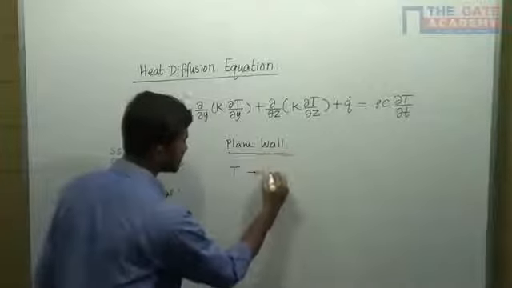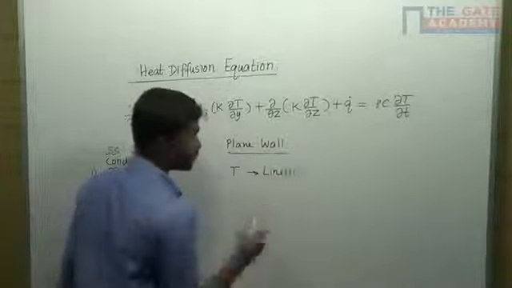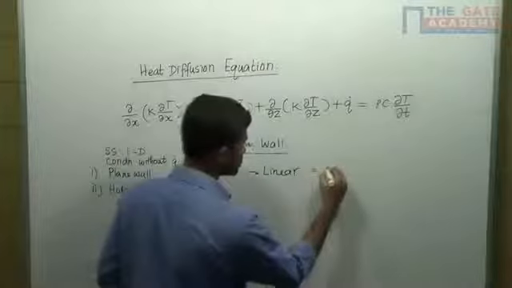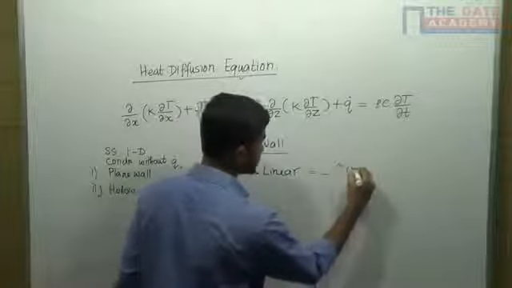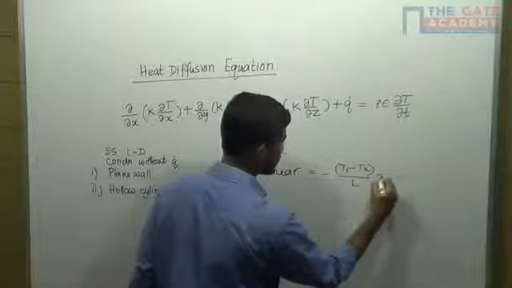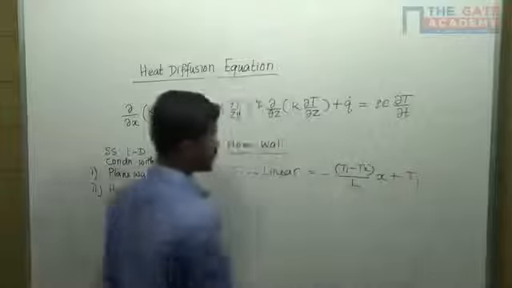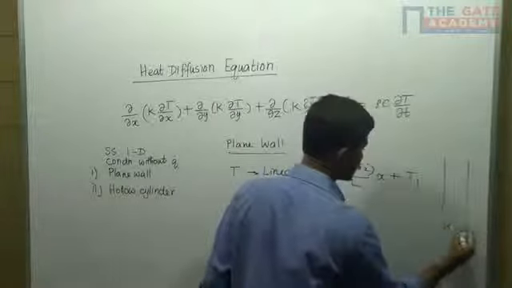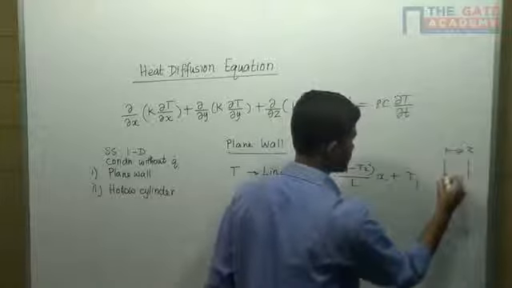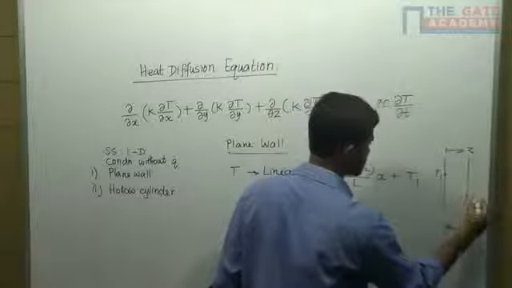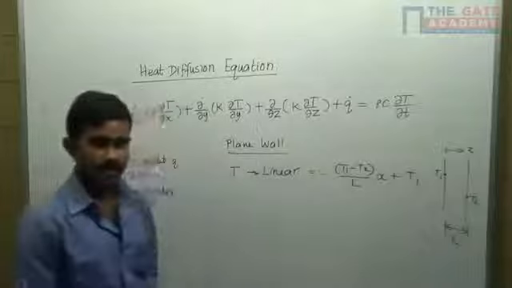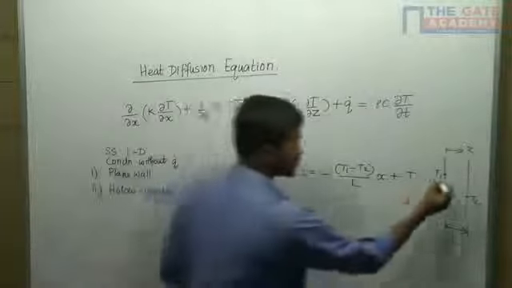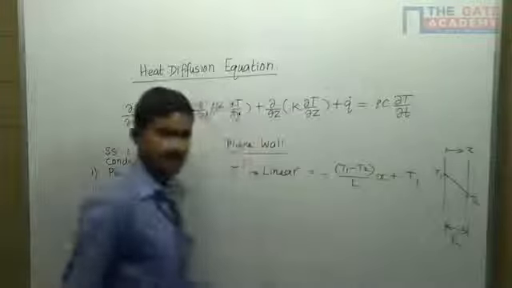The temperature distribution in the wall was linear, and it was equal to T = -(T1 - T2)/L x + T1. If this is your wall, L is the thickness and x is the coordinate, with one end at T1 and the other end at T2, then the solution was a linear profile.